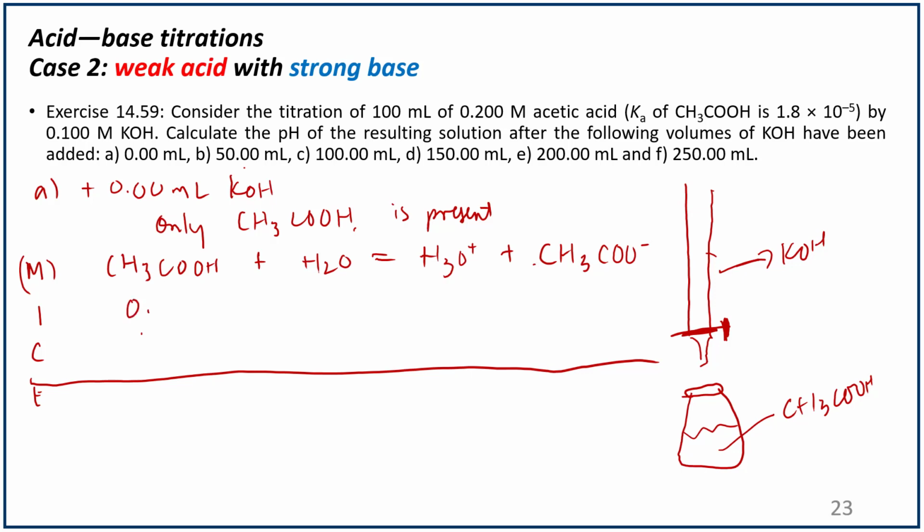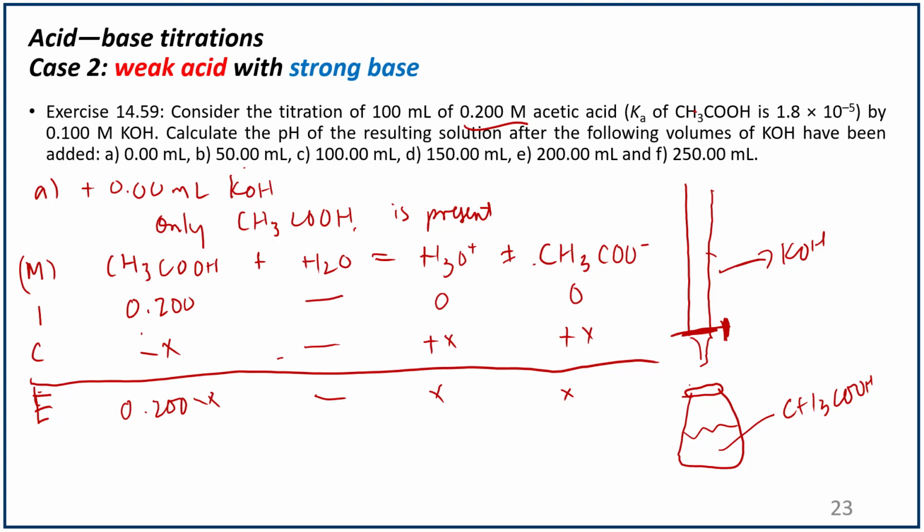So here we write 0.200, that's the initial concentration of acetic acid. And then we ignore water, this is 0, 0, minus X, this is plus X, and this is plus X. And this one should be 0.200 minus X at equilibrium, and then this will be X at equilibrium for hydronium ions, and X for acetate ions at equilibrium.